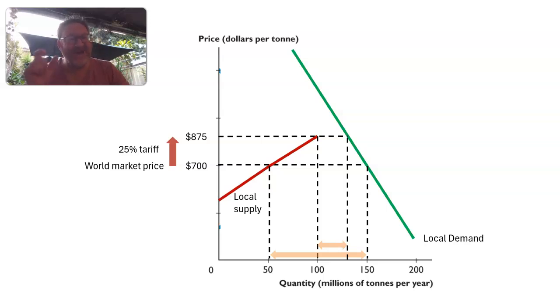So we can see the gap between them has decreased, so the amount that will be imported has decreased as well, which reduces the trade deficit. There's essentially the rationale, the economic rationale anyway, behind the tariff.